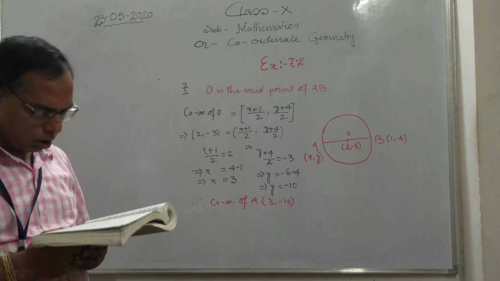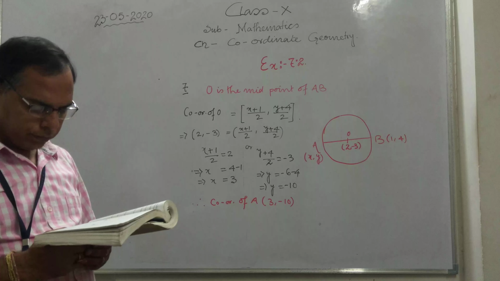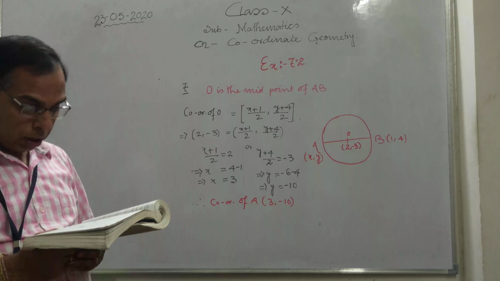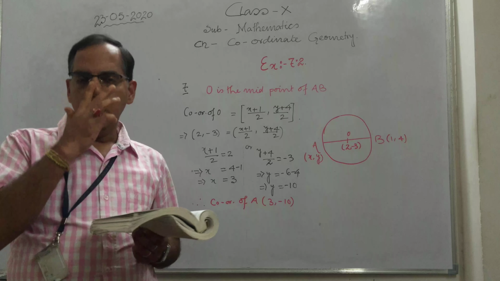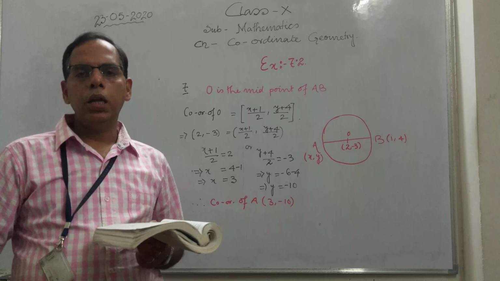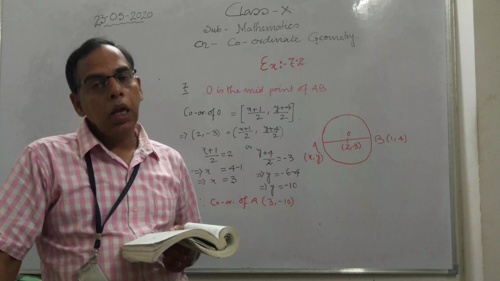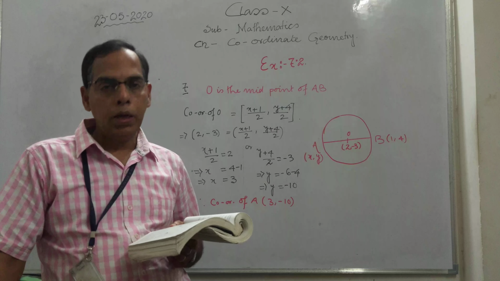Another interesting question. A and B are already given. Find the coordinates of P such that AP equal to 3 by 7 AB. Now, to find the coordinate, we need the ratio and the section formula. And here what is given? Here a part and the whole line are given.